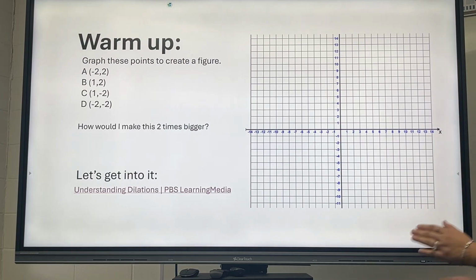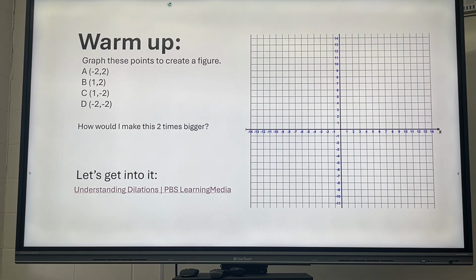Okay, so here is the warm-up. It says to graph these points to create a figure, so that's what you're gonna do. So it would be a good idea for you to just pause the video and try to graph these points without my guidance, and then come back in just a few seconds and see what it is supposed to look like, and then we're gonna talk about something else, okay? So graph these points to create the figure.